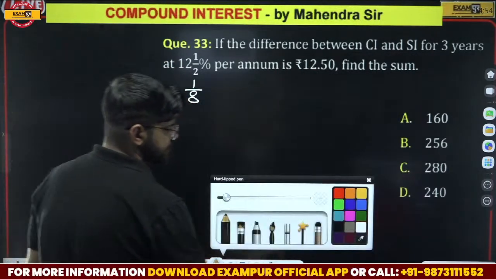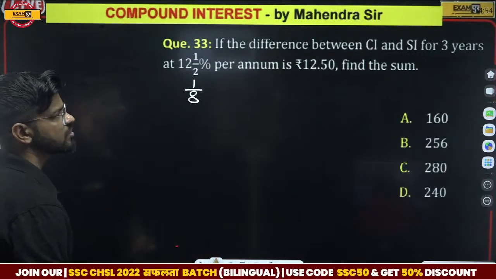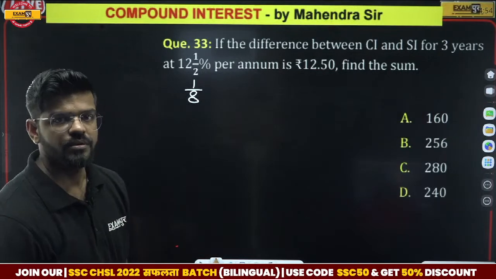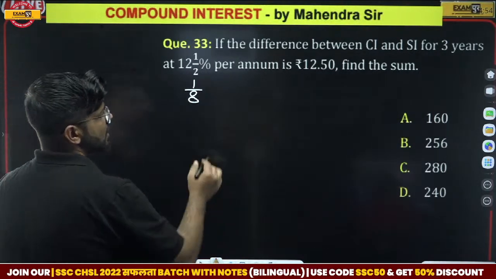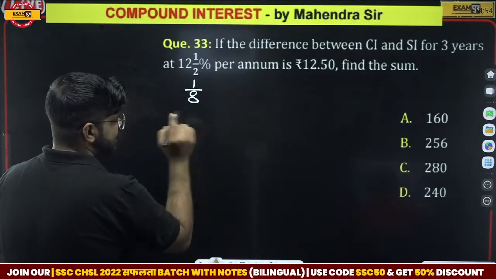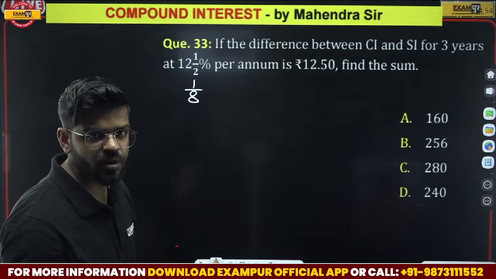Yes, we know that 12.5% is 1 by 8. So just put it into the formula. We are using both the methods. Let's see if the formula method is okay or not.